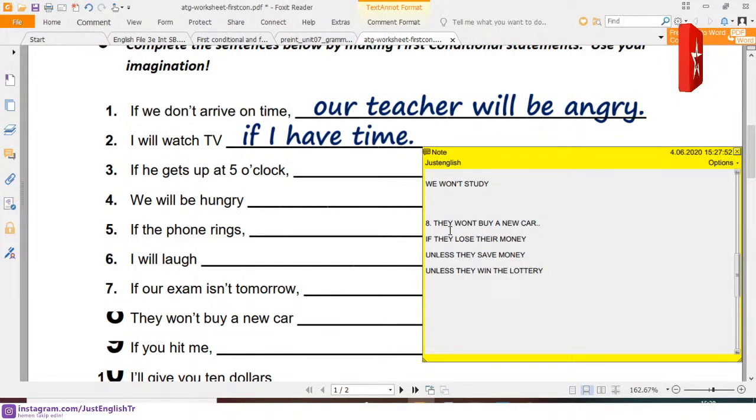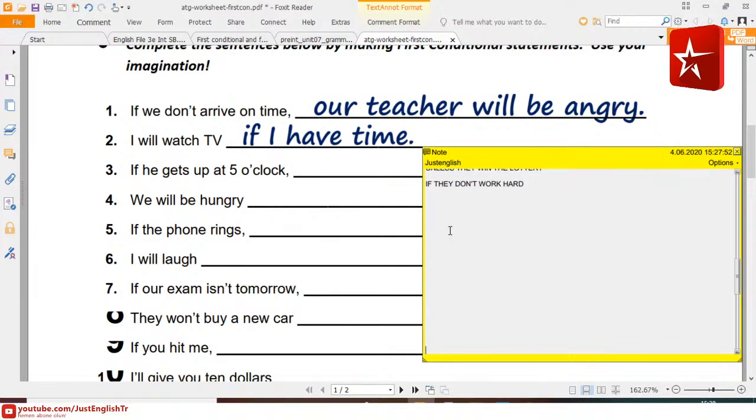If they don't work hard, they won't buy a new car.